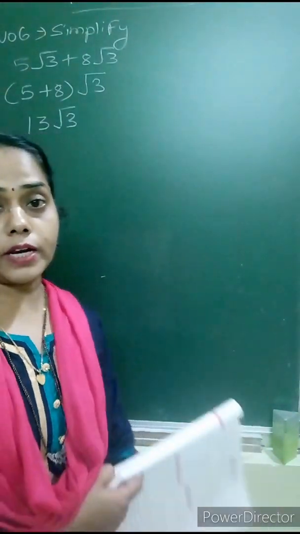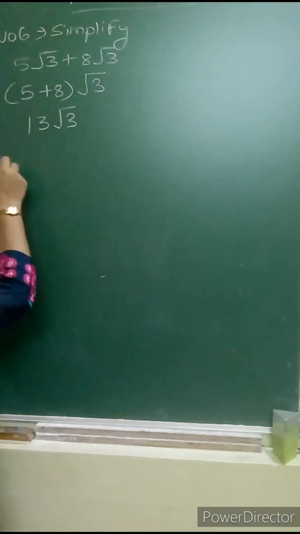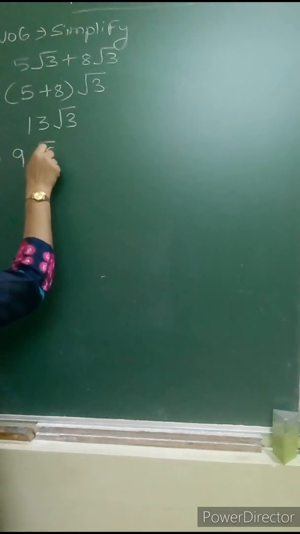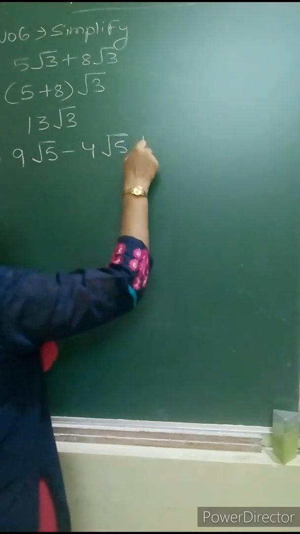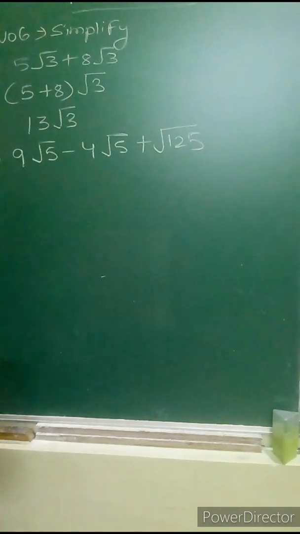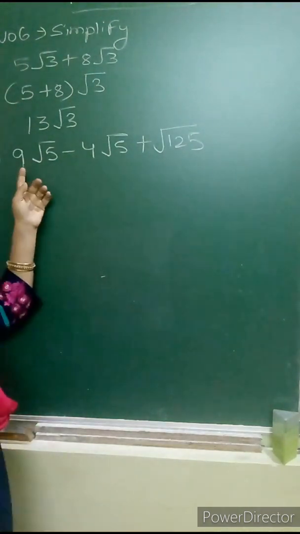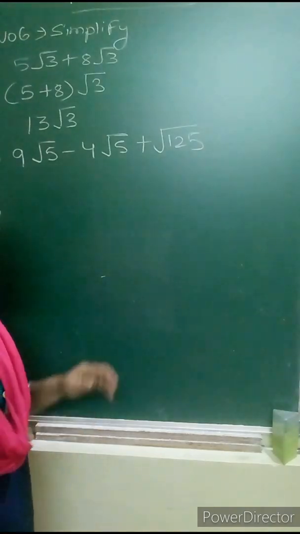Let us move on to our next question, which is 9 root 5 minus 4 root 5 plus square root of 125. If you look at this, you will find that the first two surds are like surds. Why?